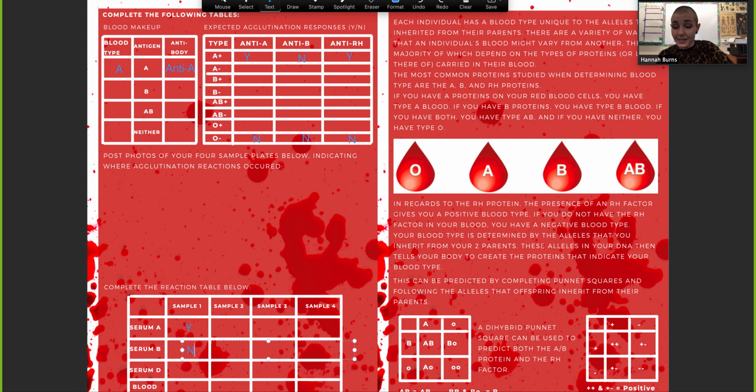I did not see the agglutination response with the B serum, so there are no B proteins present, but I did see the agglutination response with the Rh antibodies, so that means I do have the Rh proteins. If I have A proteins and Rh proteins on my cell, then I am going to be A positive. And that's, of course, how you'll complete the rest of these charts based off of your different sample plates.